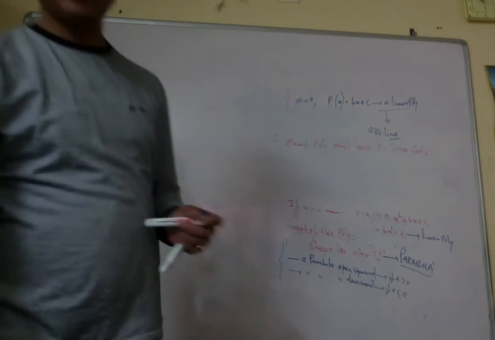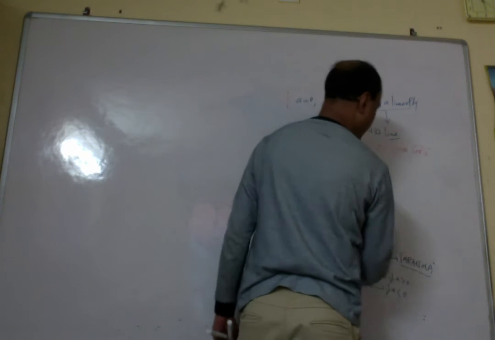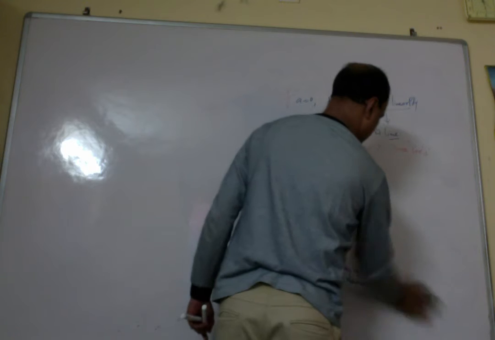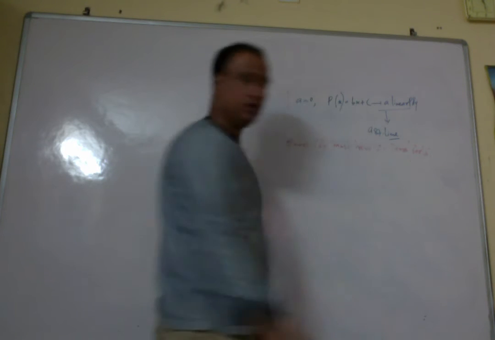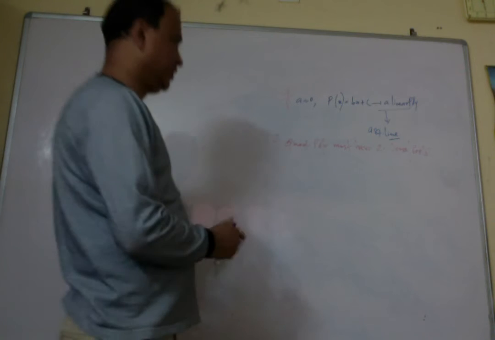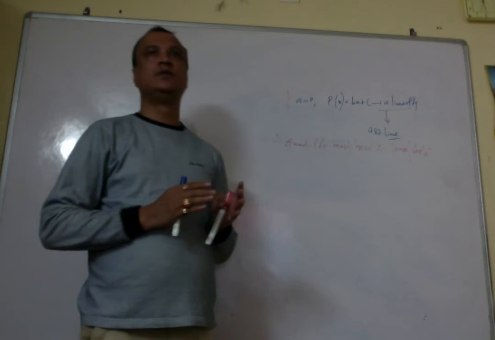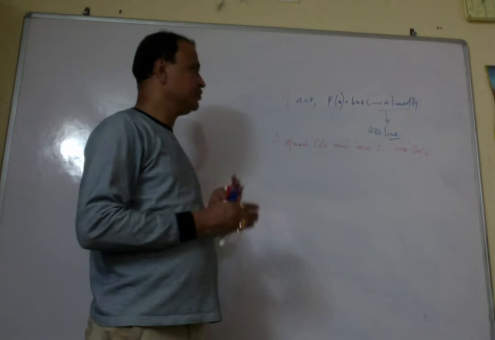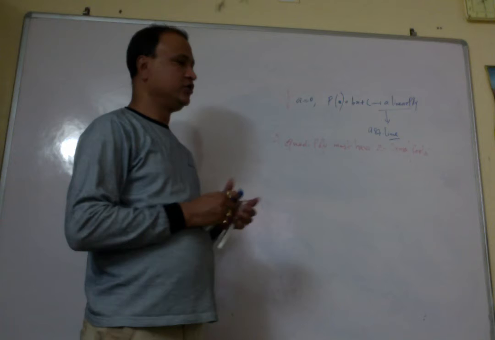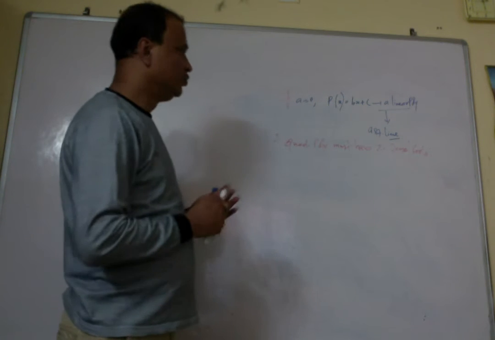Now the question is, what are the zeros and the roots? Zeros or roots mean the values of x for which the polynomial becomes 0. So a value for which the polynomial p(x) becomes 0 is called a zero of the polynomial. As the power is 2, it must have 2 zeros.